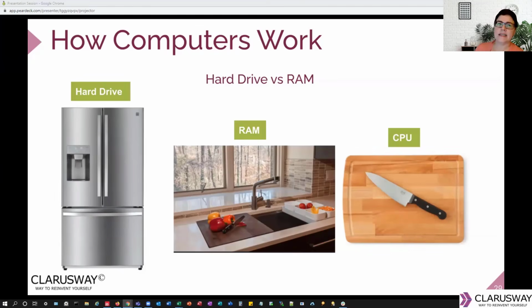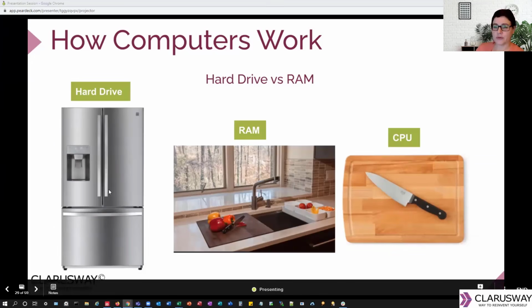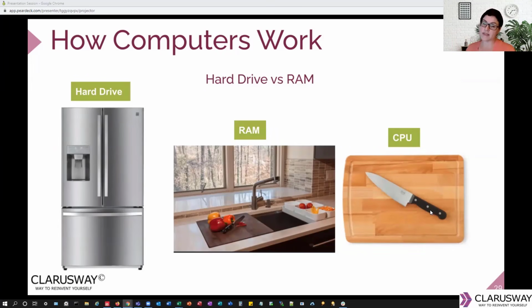If you consider the hard drive your refrigerator, RAM your workspace for cutting up vegetables, or storing vegetables that you're about to cut up, and then your CPU actually processing those vegetables, so performing the work of cutting them up, moving them onto the cutting board, off of the cutting board. That's the process that data is managed within the computer system.